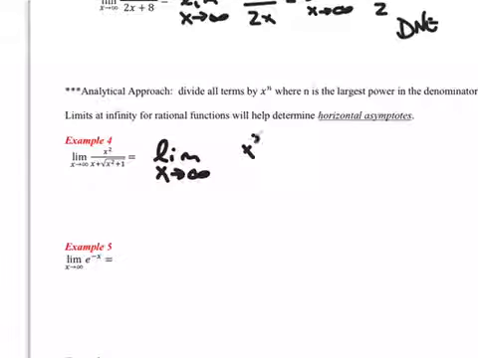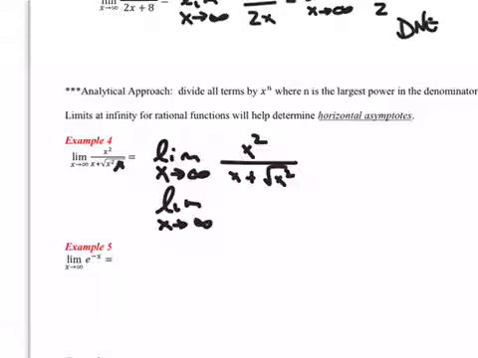I've got x squared on top, and I'm actually going to just negate that 1 there and take x plus square root of x squared, which will come out to be x squared over, looks like 2x.